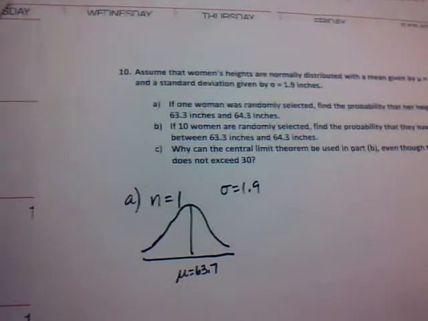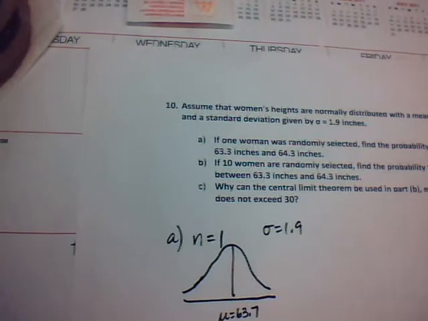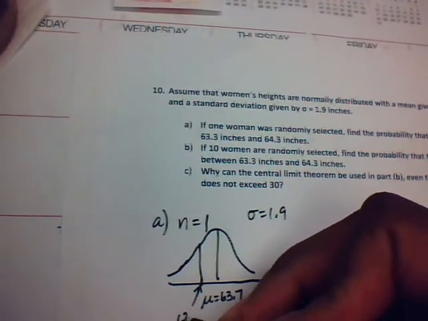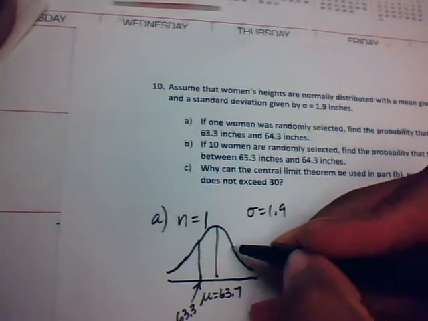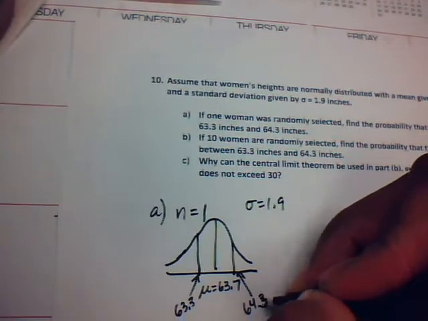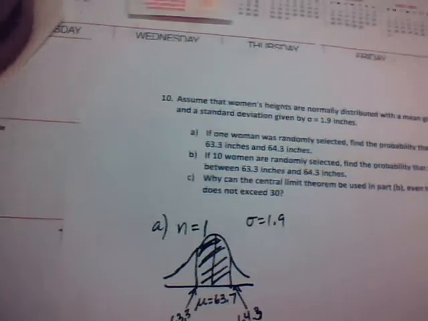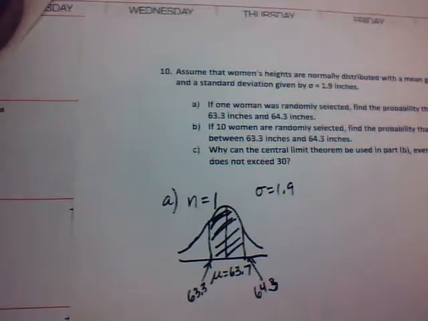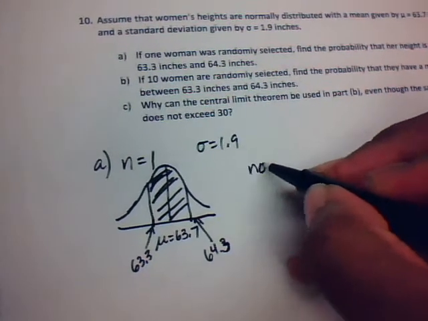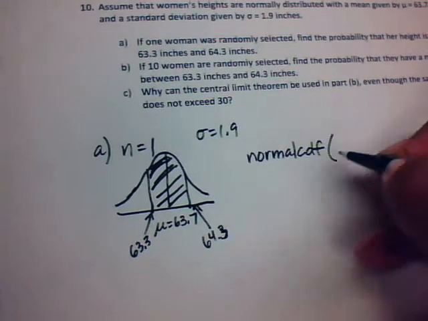And in this case, we want to go between 63.3 inches, that's to the left, and 64.3 is to the right. And that's this shaded area right here. Now here we're going to use the calculator because it is in bold print. And it's best to use the normal CDF menu.